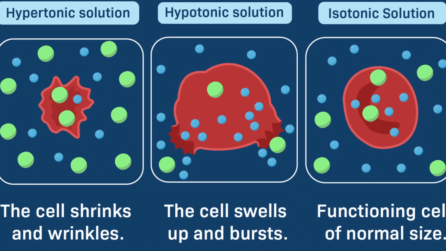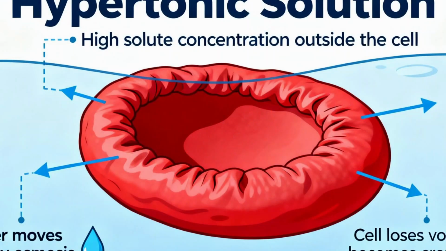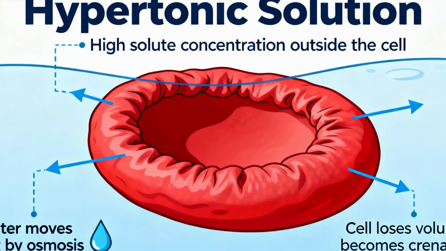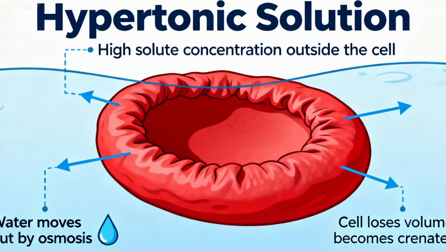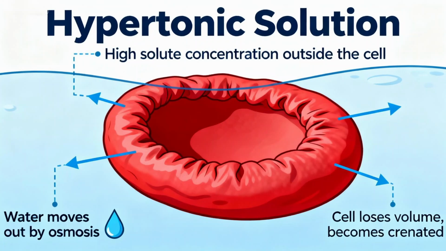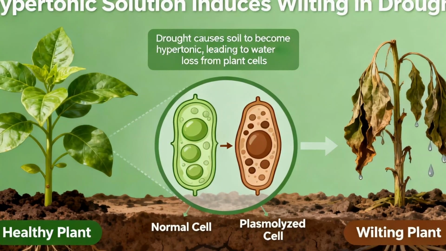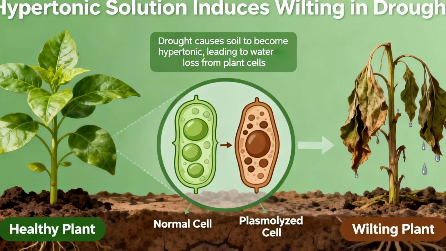This is when the cell is surrounded by a stronger concentration, such that water will be leaving the cell. This time around, water will be leaving the cell through osmosis. You know, the solution outside the cell is stronger. So water will be leaving the cell through osmosis, which may result in the wilting of that cell. That is what happens in plants during drought. When there's excessive heat and there's no rain, most plants will wither.